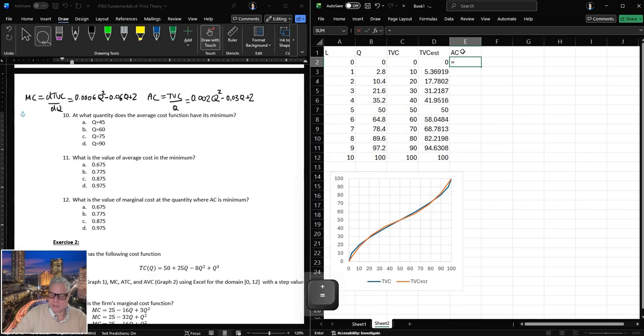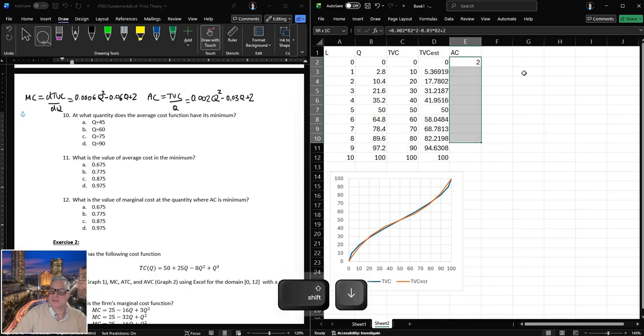And we said that is equal to 0.002 times Q squared minus 0.03 times Q plus 2. So that's the average cost, 0.002 Q squared minus 0.03 times Q plus 2, so that's it.